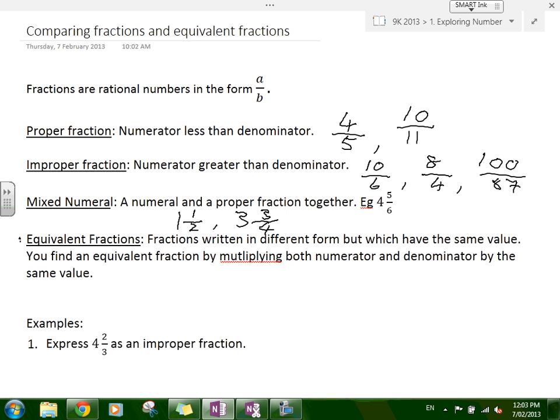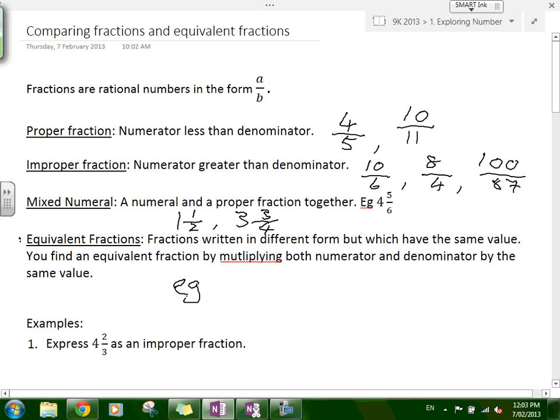It has the same value: 3 is half of 6, 1 is half of 2. But you write it with a different numerator and a different denominator. The way that you get to an equivalent fraction is by multiplying the numerator and denominator by the same number. You can multiply by 4, whatever number you want, as long as you do it to top and bottom.